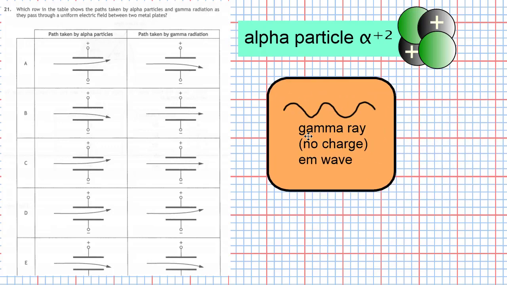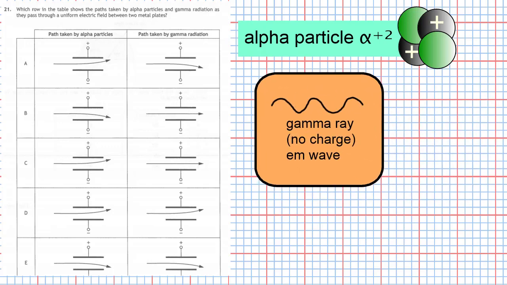A gamma ray, on the other hand, has no charge. It's an electromagnetic wave, so a gamma ray will not be affected by the electric field. So we're looking for the following possibilities. Gamma ray, not affected, so it could be that one, and it could be that one. Now the alpha particle will be affected by the electric field and it will be attracted to the negative plate.